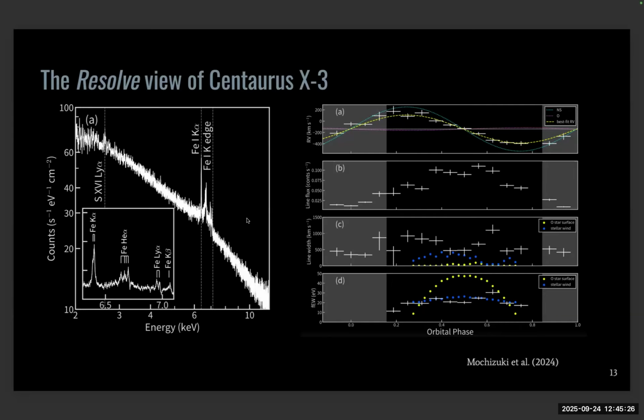And again, the XRISM observation here was about 160 kiloseconds, and this basically covered an entire orbital revolution of the system.